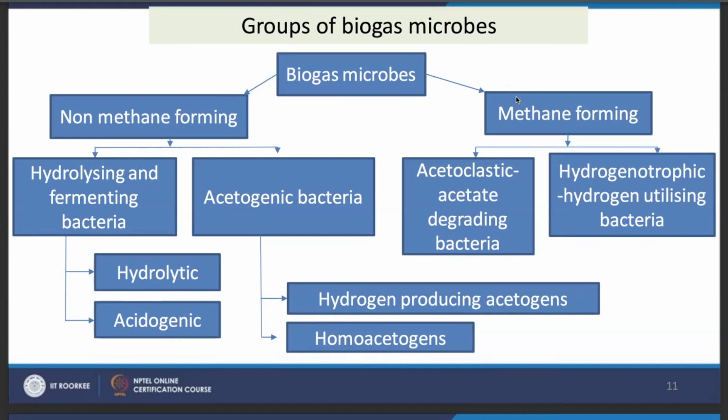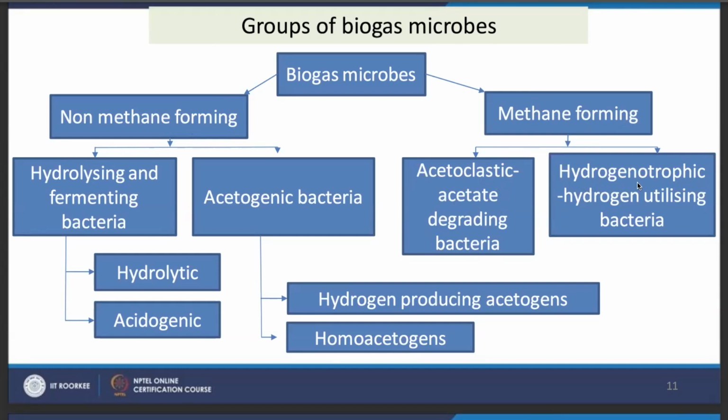The next group is the methane forming bacteria. These are the ones which directly produce biogas, right? The end products of the non-methane forming bacteria are the raw material for the methane forming bacteria. There are further two classes of methane forming microbes. First is the acetoclastic bacteria, which are acetate degrading bacteria.